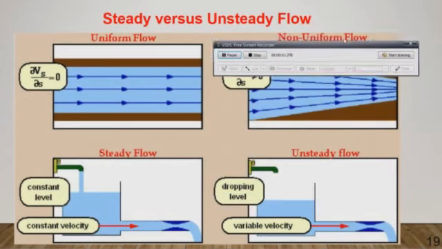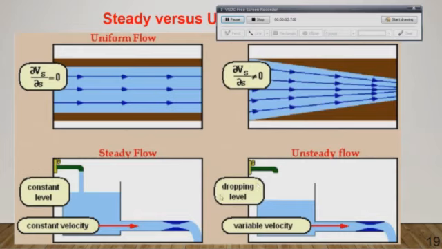Okay, for steady and unsteady, it depends on the condition. For example, the first one, this is the water level, and then in the second one, the level drops. At the very first place, if the level is constant, the velocity here will be the same. So that is steady flow.